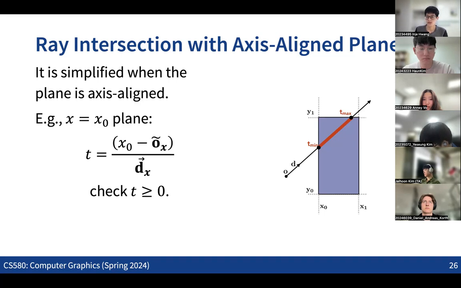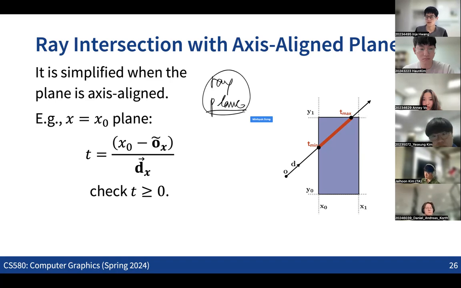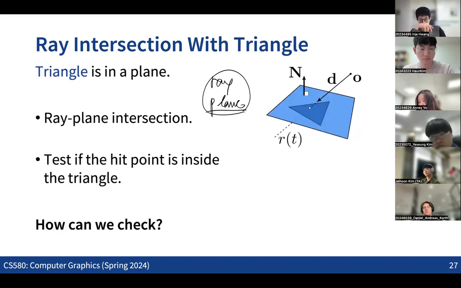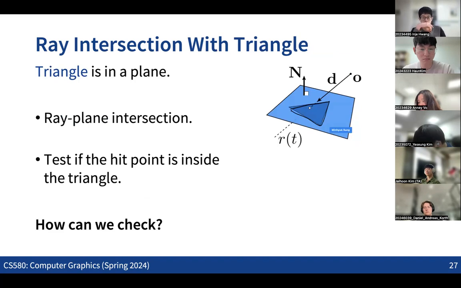Yeah, so this was the case that we are calculating the intersection between the ray and the plane. But actually, what we have also seen in the previous lecture is that we typically represent a 3D object as a set of triangles, right? So the typical case is that we are having lots of triangles in the 3D space, which means that we should be able to calculate the intersection not only with some infinite plane, but with a finite triangle over the plane.